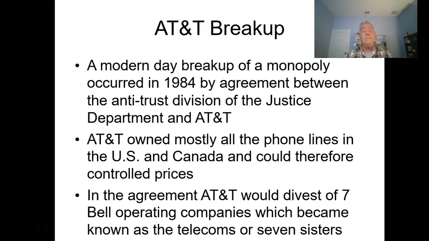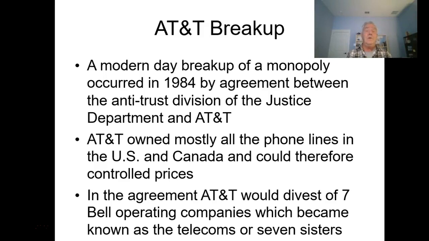Canada became its own. The Northeast was New York Tel. The Southeast was Bell South. The West, what was the West? Pacific Tel. All of these companies were set aside as seven Bell operating companies. Today there are a lot less, but they eventually ended up merging.